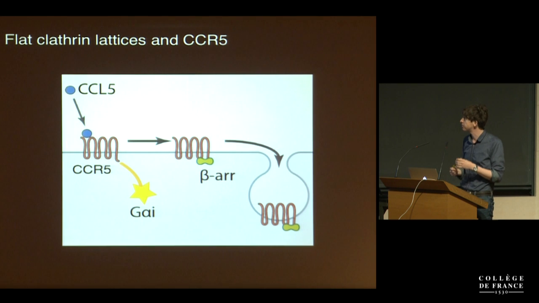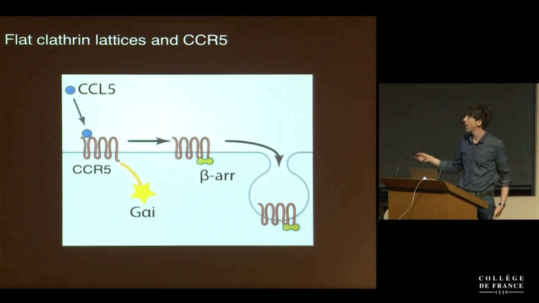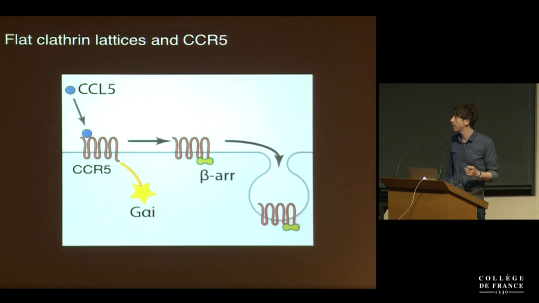And to do this, we turn to CCR5. As I said earlier, this is a co-receptor for HIV, but its physiological role is in signaling for chemotaxis in T cells and macrophage. CCR5 is a chemokine receptor. It is a G protein coupled receptor.